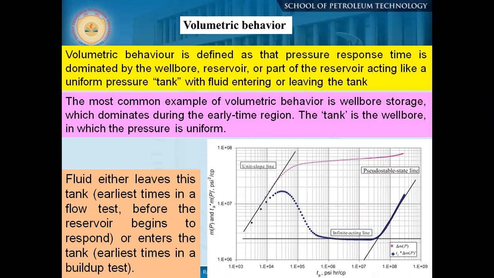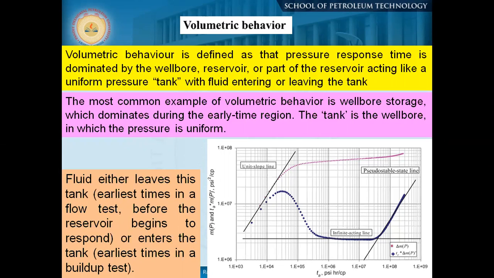So that is considered to be a tank model. Fluid either leaves this tank at the earliest time in the flow test, before the reservoir begins to respond, or enters the tank. When it is leaving, the compressible zone has moved directly from the tank to the tank and skin, or the sand face.